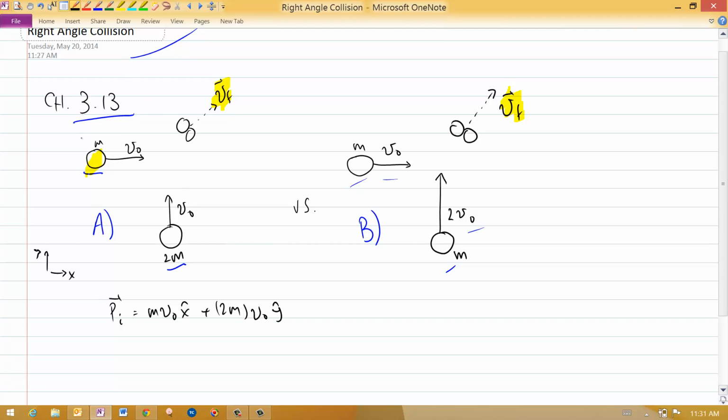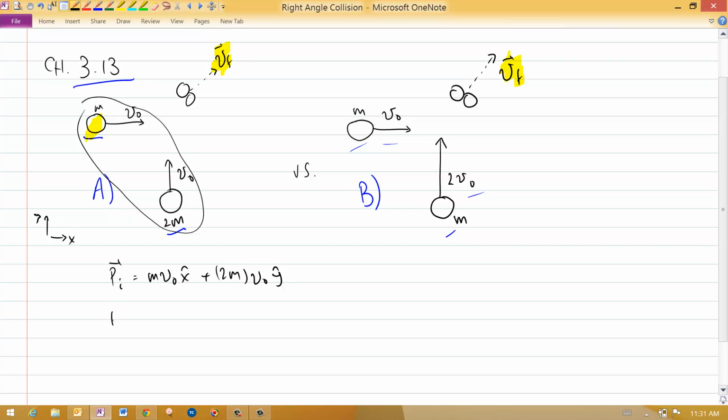Since we're talking about a collision, the momentum principle says the final system momentum is equal to the initial system momentum. With the two components, I can write that as mv0, 2mv0, and 0. So there is the final system momentum for case A.